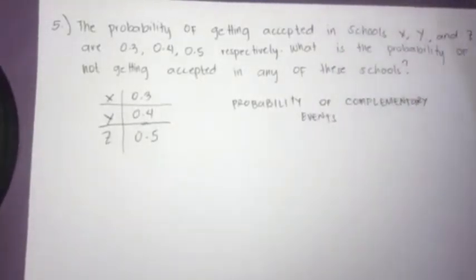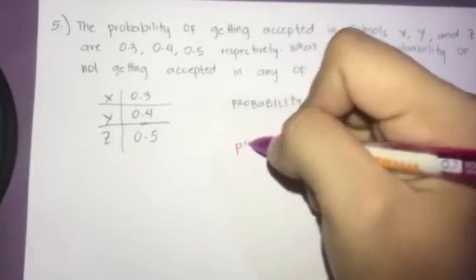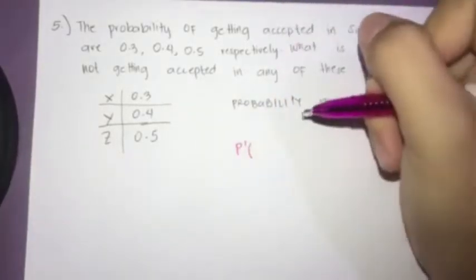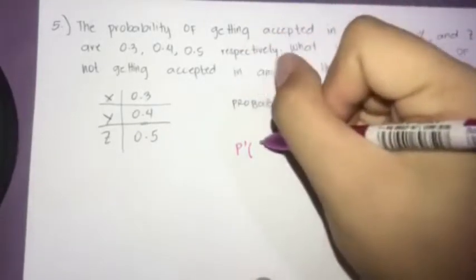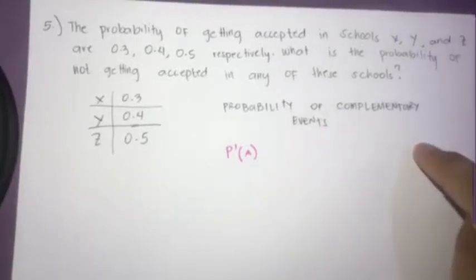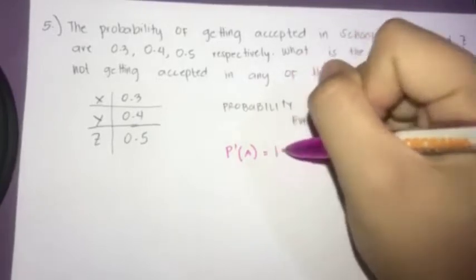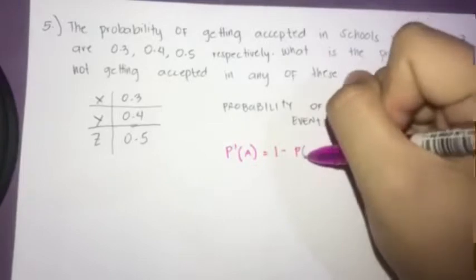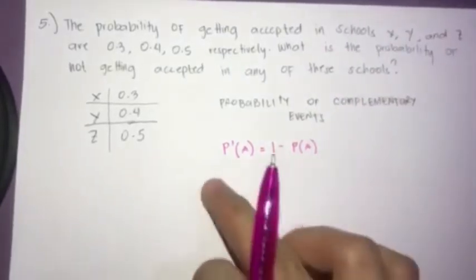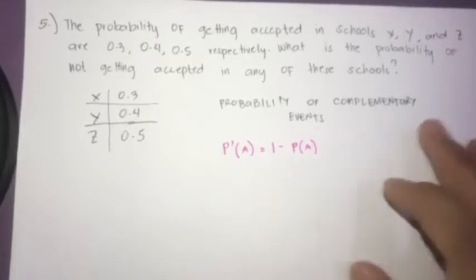We have the formula: the probability of the complement of A is equal to 1 minus the probability of A. This means the probability of not getting A is equal to 1 minus the probability of A.